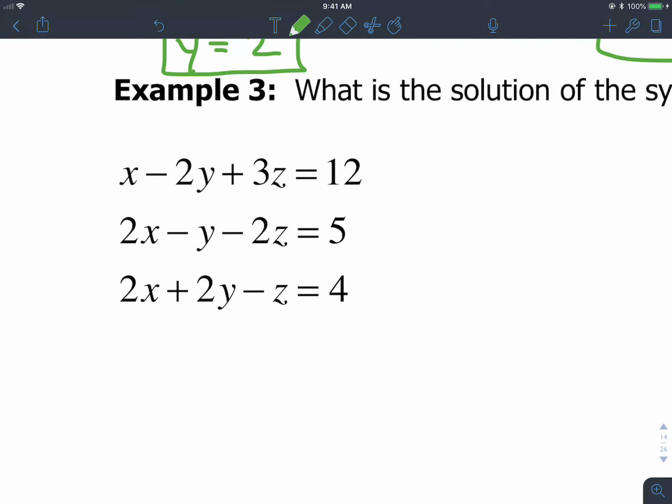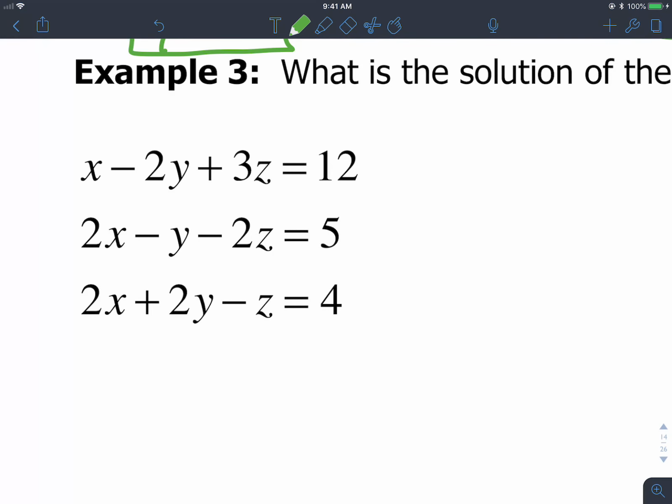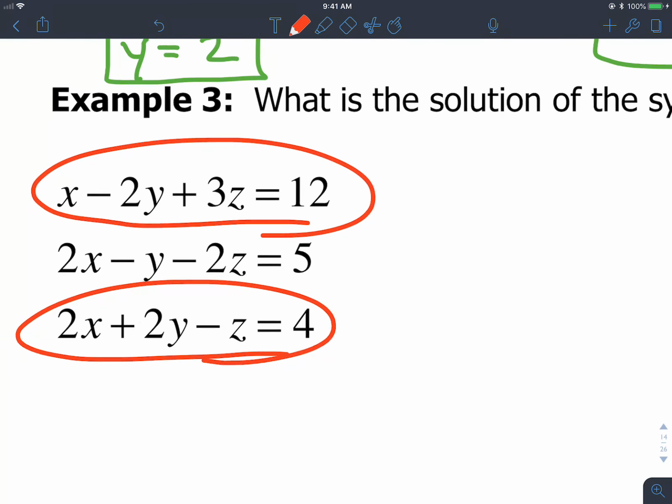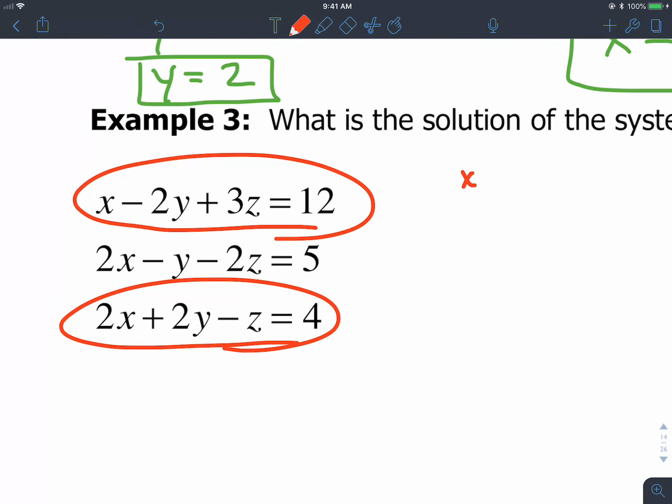So, let's do this here just to prove a point. You can solve for different variables here. Let's do the first and the last equations here.